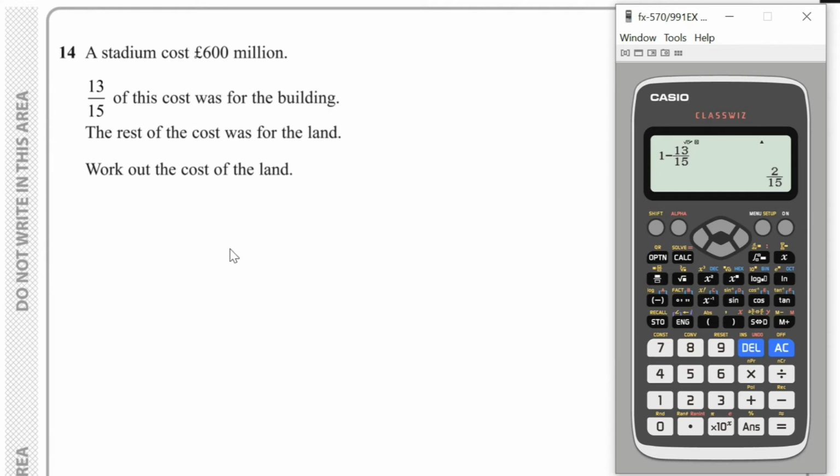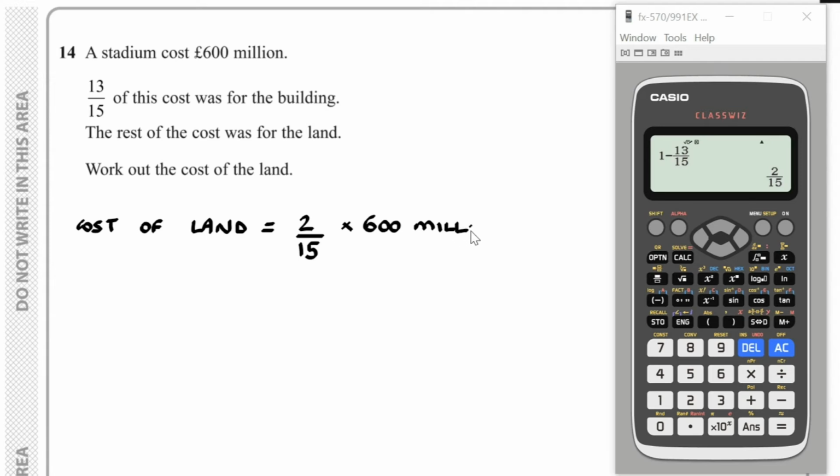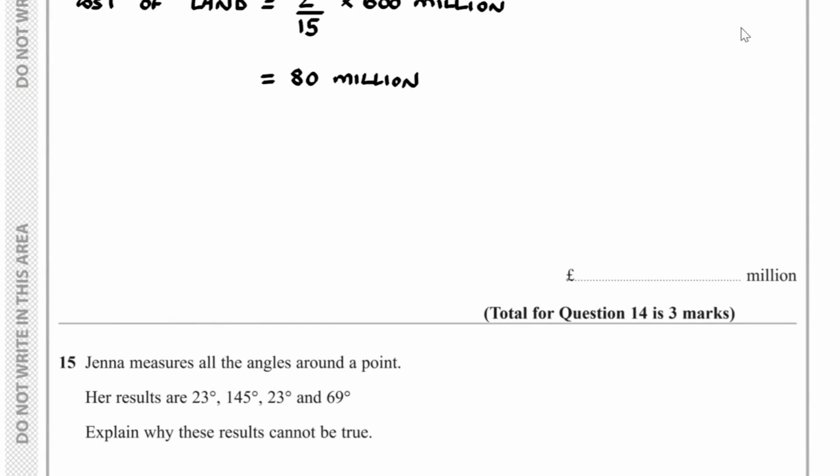And so what we need to do then, to work out the cost of the land, we need to work out 2/15 of 600 million. And so therefore, 2/15 times 600 million, that is equal to 80 million. And so therefore, we have 80 million.